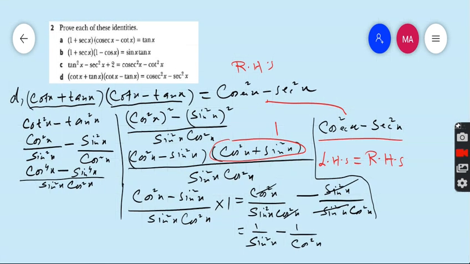This is the whole summary of part D, a very important part of question number 2. So I hope you completely understand part D. And this is question number 2. Move to question number 3.